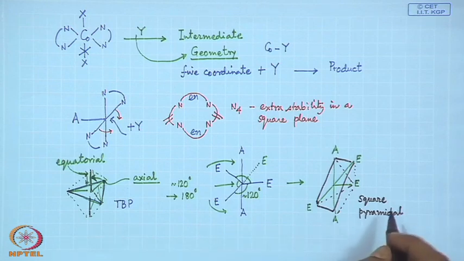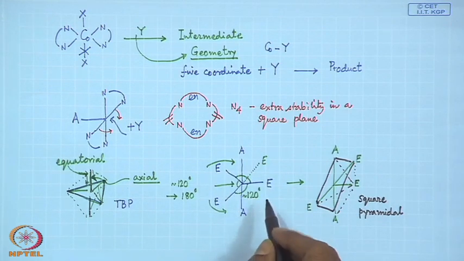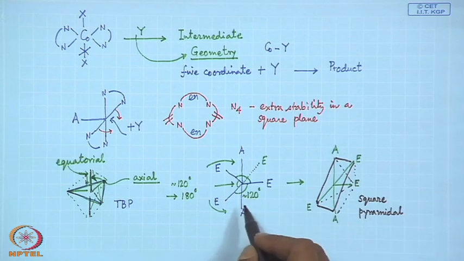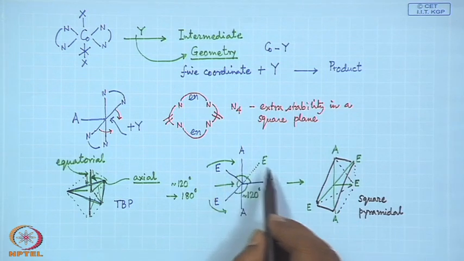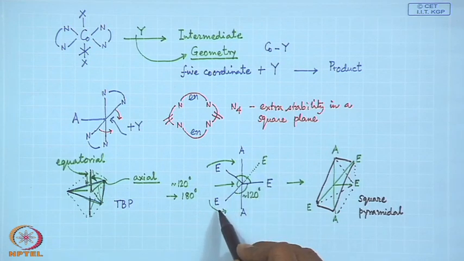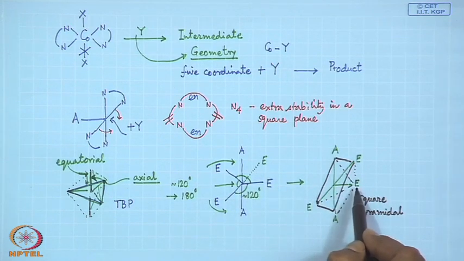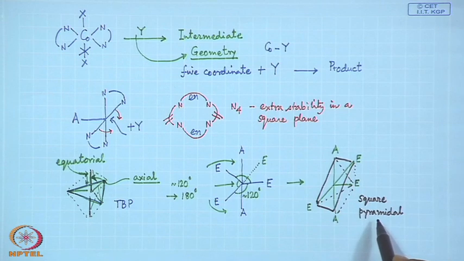Within this 5 coordinate species, which is also true for typical 5 coordinated compounds, they can have different geometries and they can also undergo some kind of racemization or isomerization reaction due to this movement. Once this group is formed, it can again go for this kind of rotation along the same direction.